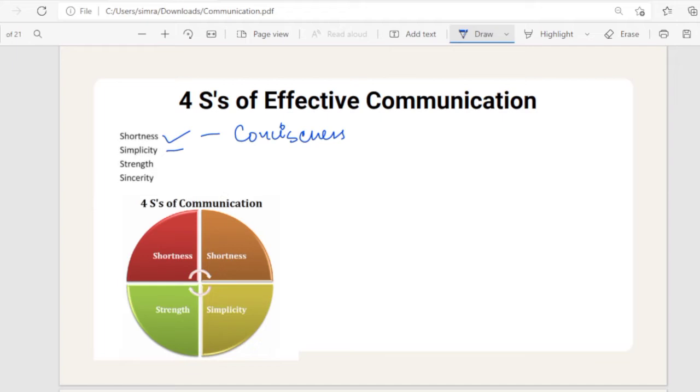And you can take another example, as I have written here, conciseness. Now you guys have watched my videos, you are studying for UGC NET, so you know what conciseness is. But if you tell this to your friend who is not preparing for this examination or who is not so good with all these words, will he be able to understand what conciseness is? No. You will have to tell him that whatever presentation you're giving, make a point that it is short.